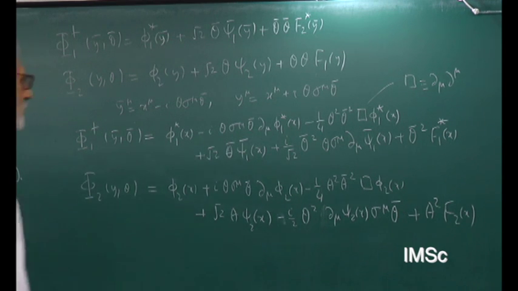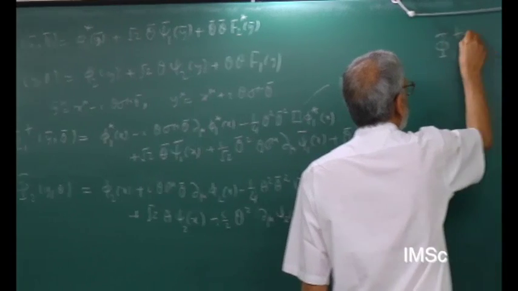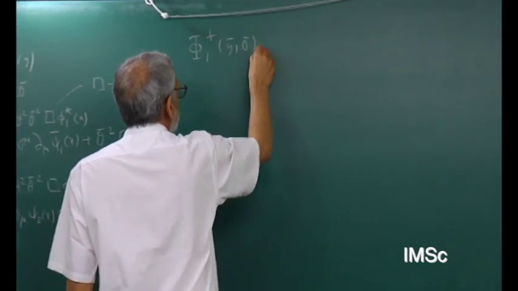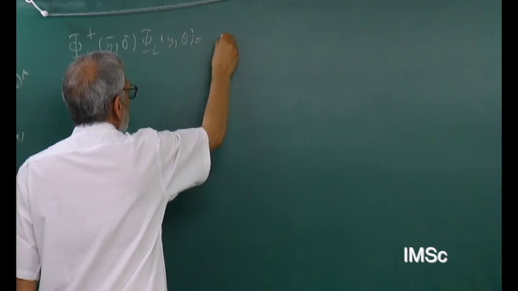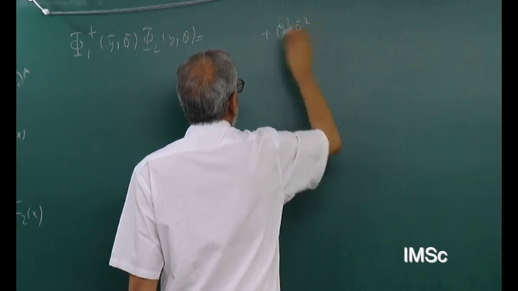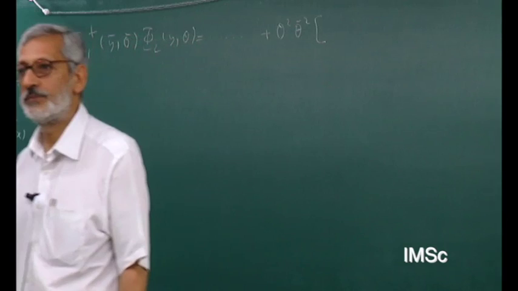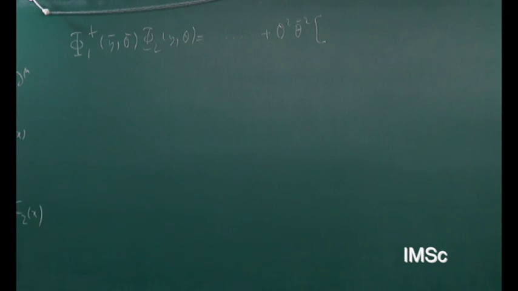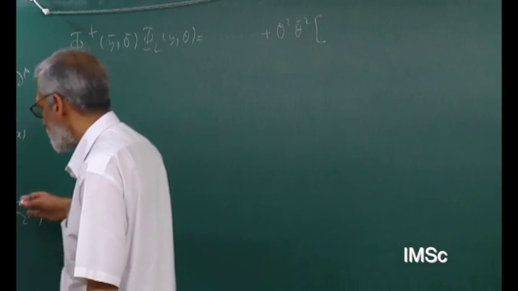And then let's construct the product superfield. There will be various terms, but let's isolate the theta square, theta bar square term, which is the product of these two.